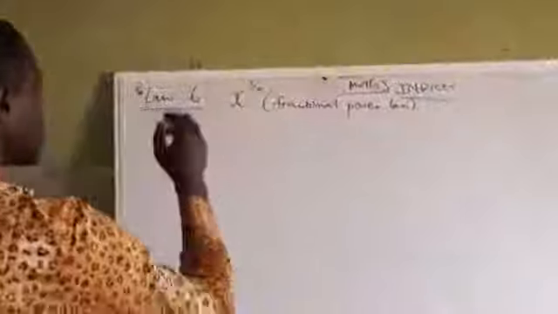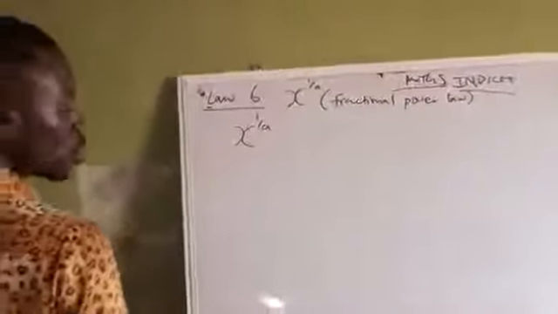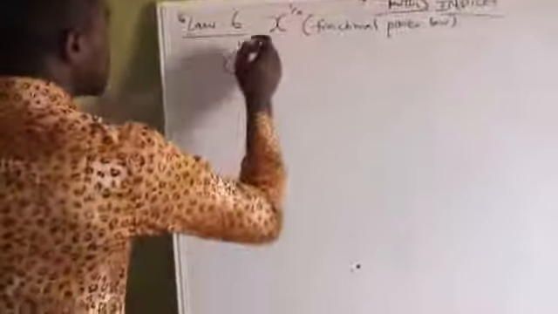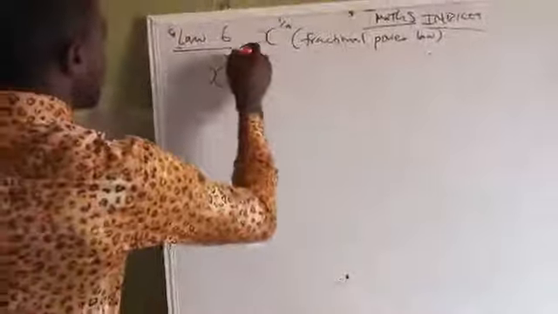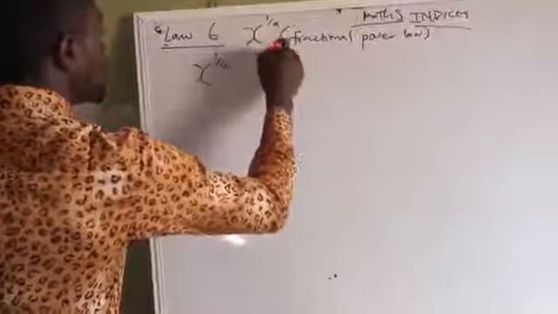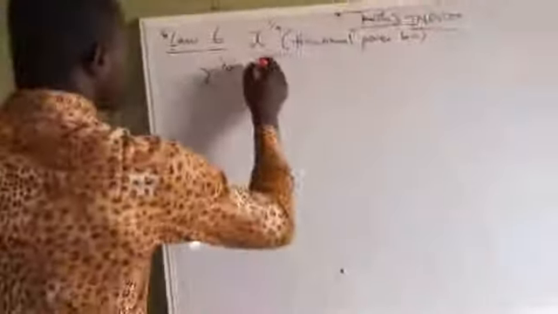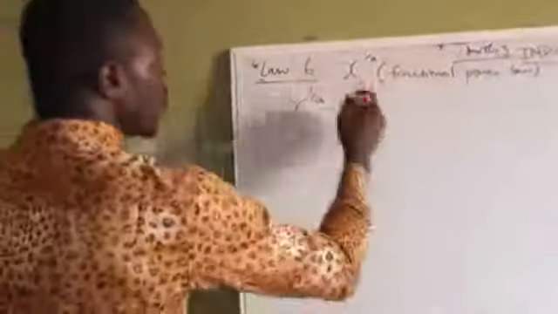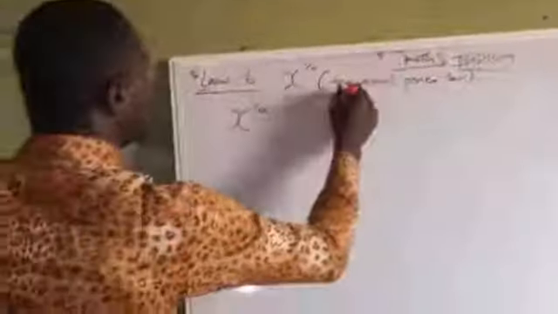Let me explain something better here. 1 over a. Please take note of something very well. This one here is the numerator. Am I communicating? This one here is the denominator. We have the power. Let's call it the power numerator.